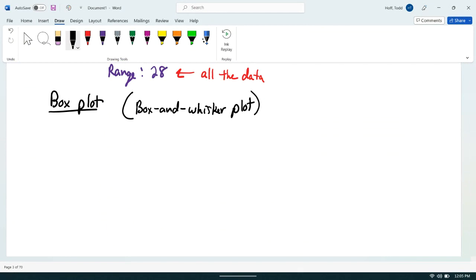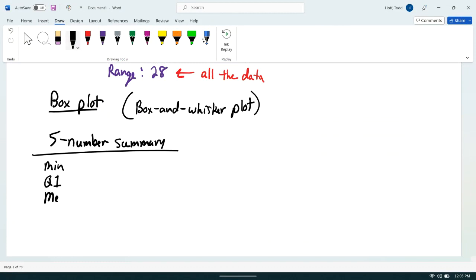And what this does is it displays the 3 quartiles and also something called the 5-number summary. And the 5-number summary includes the quartiles along with the smallest number, the minimum, Q1, the median, or Q2, Q3, and then, of course, the maximum, the largest number.